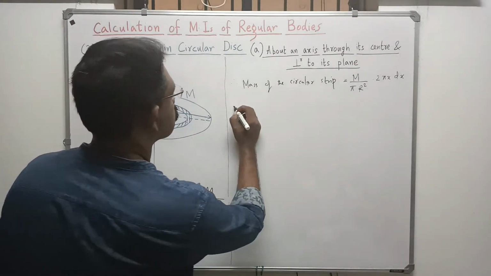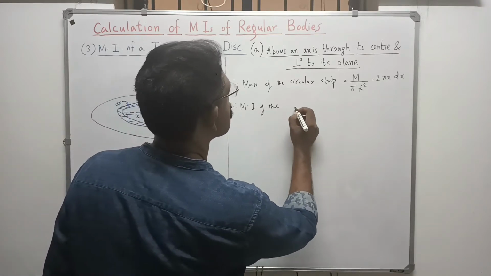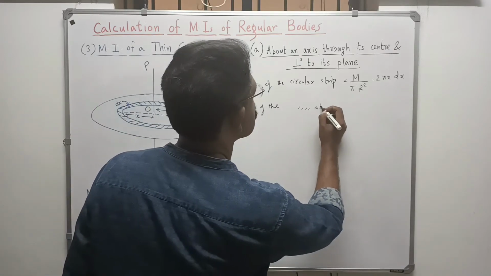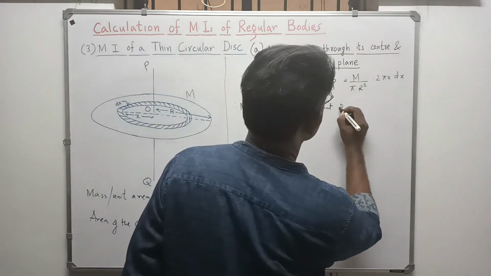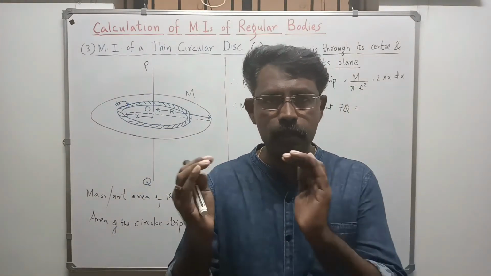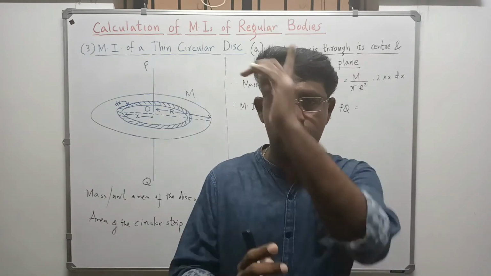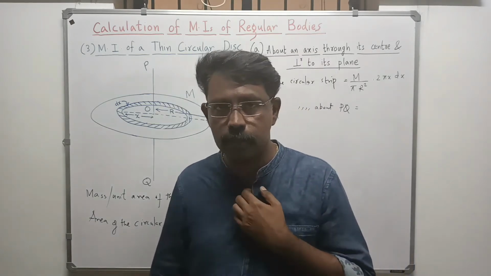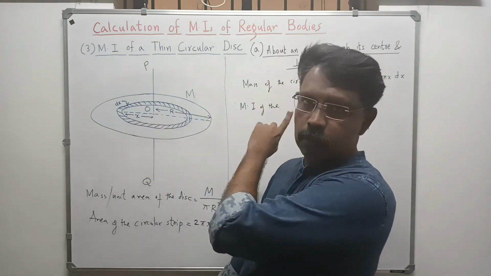Therefore, the moment of inertia of the circular strip about this axis PQ is given by, as you know, moment of inertia is always mass into the square of the distance between the strip and the axis. So what is the distance between the strip and the axis? It is x. So mass into x squared.